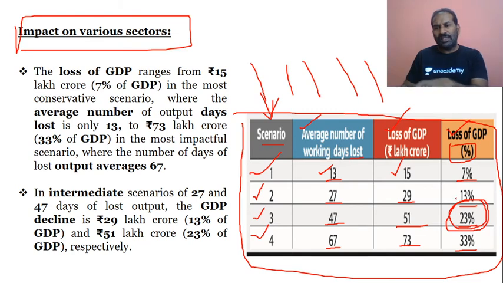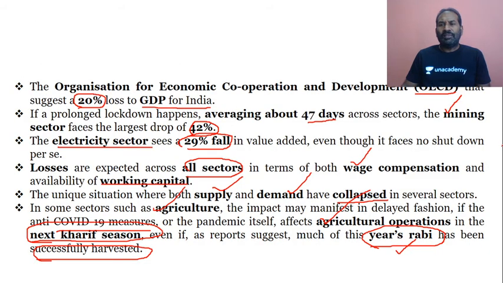Then we have looked at the table, where in each scenario, how many days of work are lost, what will be the impact in lakh crores of rupees, and the percentage: 13 days, 20 days, 27 days, 47 days, 67 days. And then the COVID-19 impact on the mining sector, electricity sector, and even the agriculture sector, that is the primary sector.